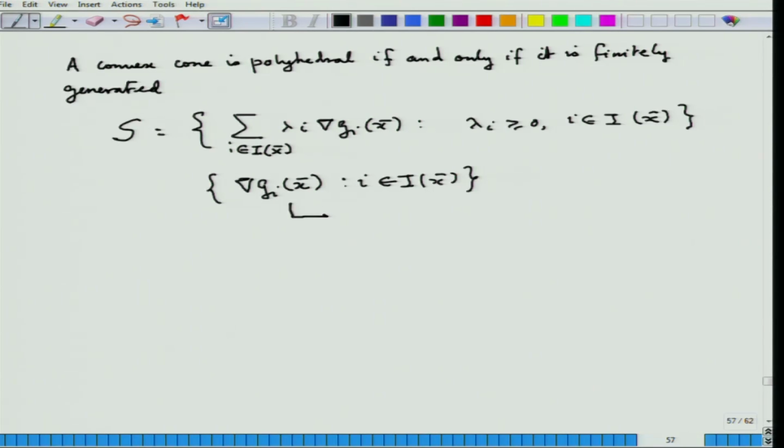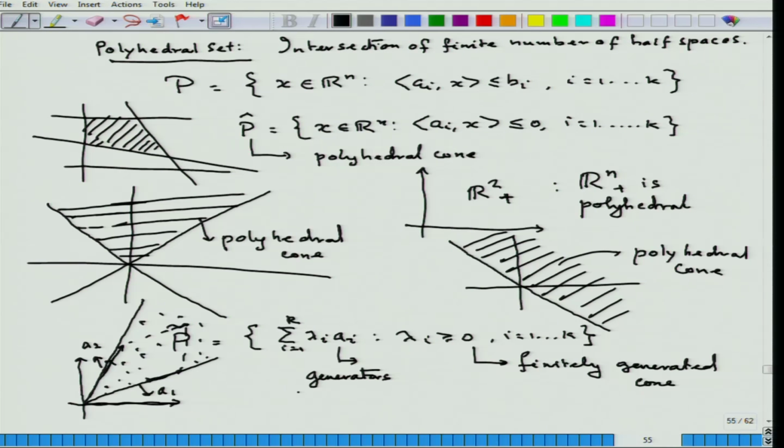This is a set of generators of the cone S. If you go back and look at the definition of a polyhedral cone, it is clear that a polyhedral cone is closed.